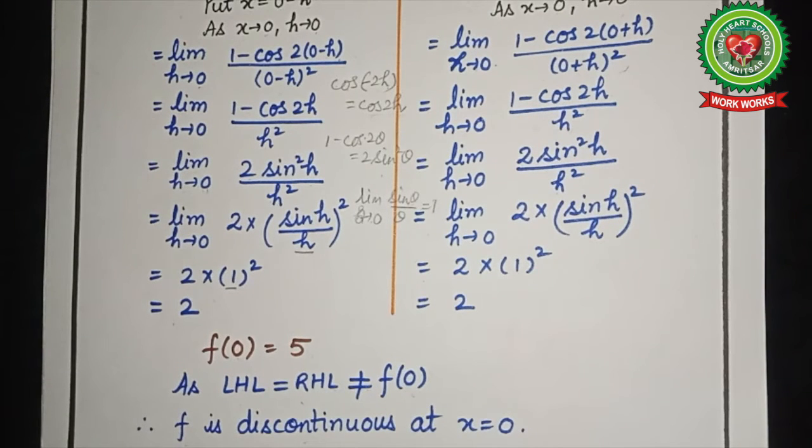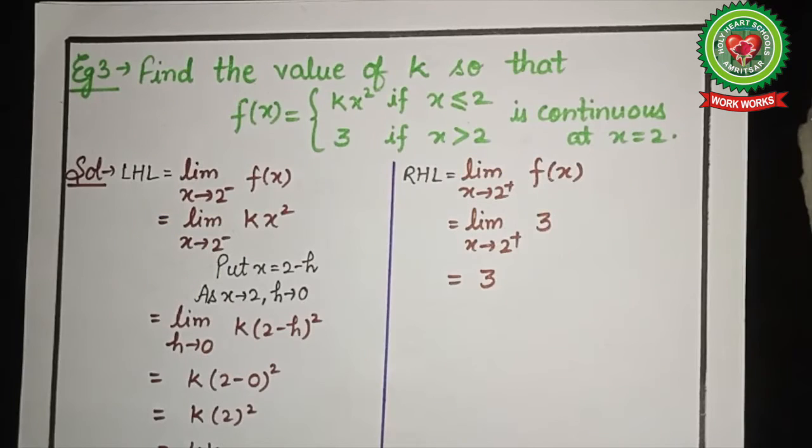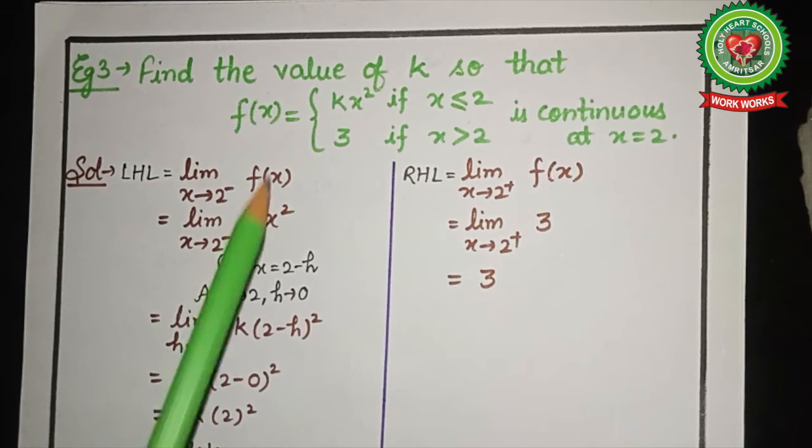Now, let's discuss one more example in which we have to find the value of k when the function is already given continuous.